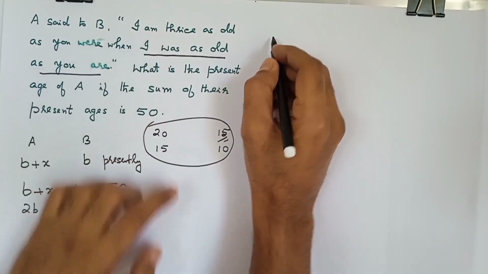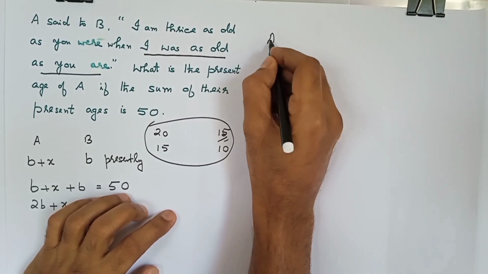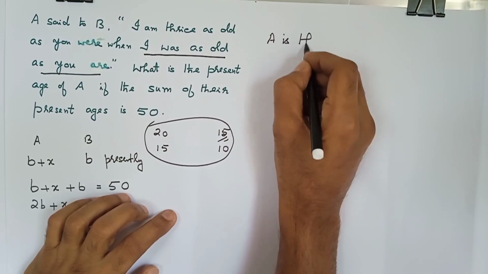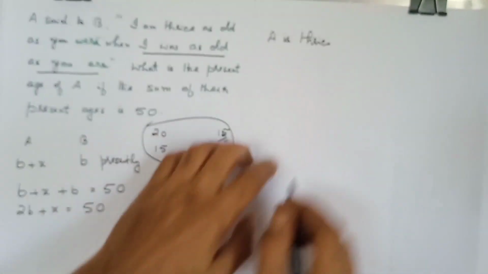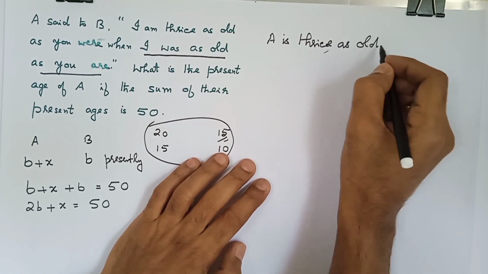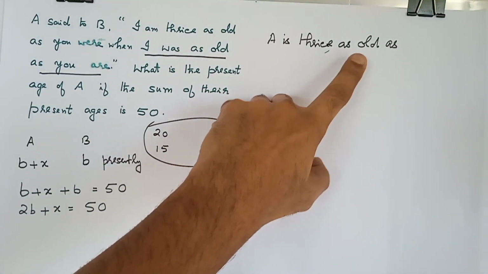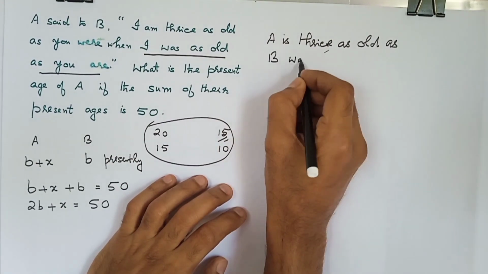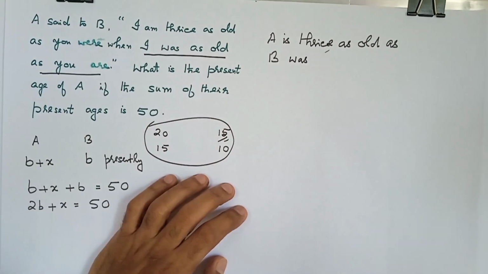I'll write it again to make it clearer. This sentence means A is thrice as old as B was. That is the meaning of this part.